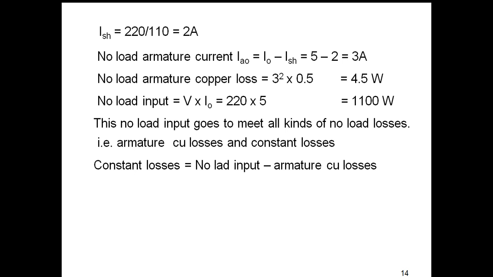These constant losses will be same irrespective of the load. So first we will be finding these constant losses, which is equal to no load input minus armature copper loss.